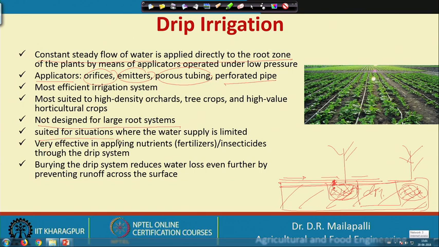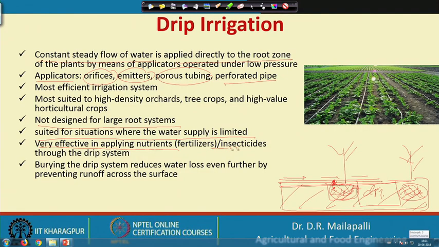It is suited for situations where the water supply is limited, like desert areas. Drip irrigation is a really promising system, and very effective for applying nutrients and insecticides. Just like in sprinkler irrigation systems, it is very effective for fertigation and other chemigation.